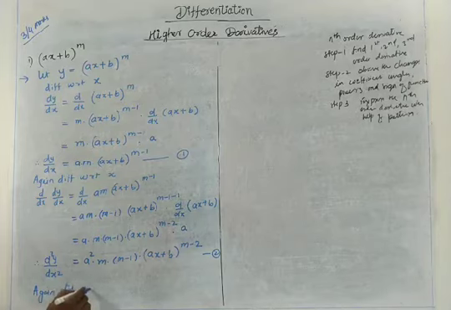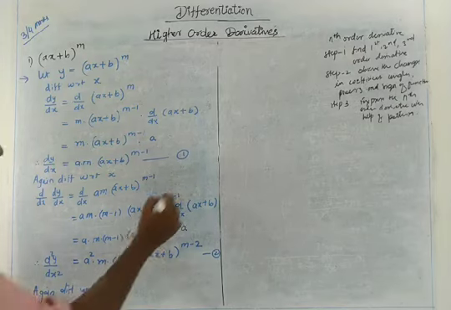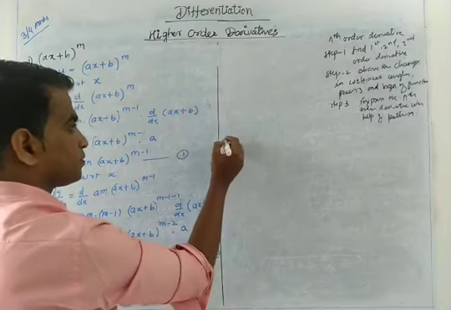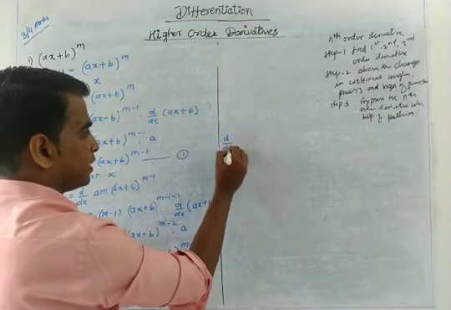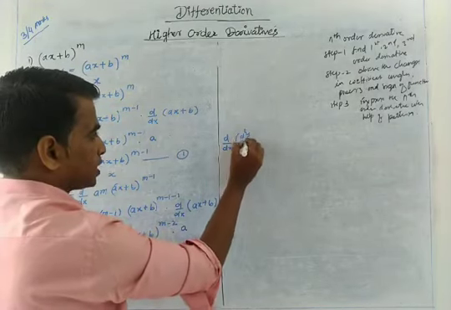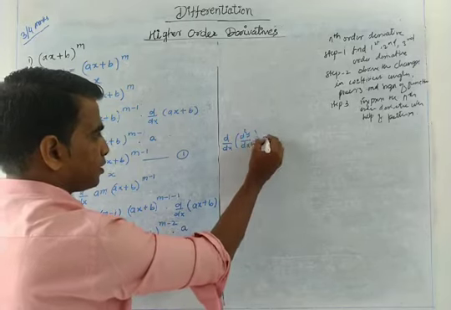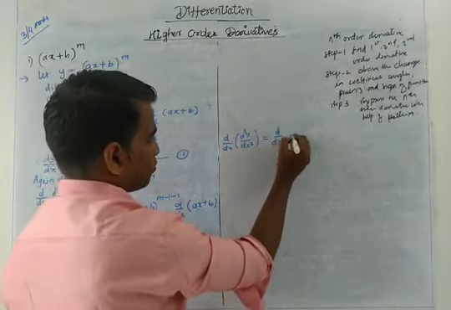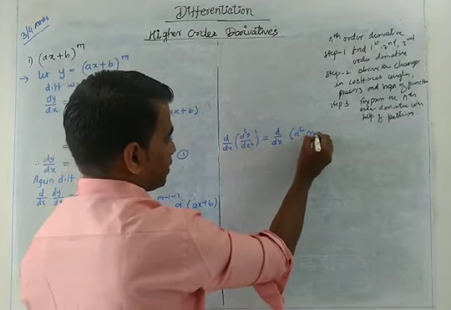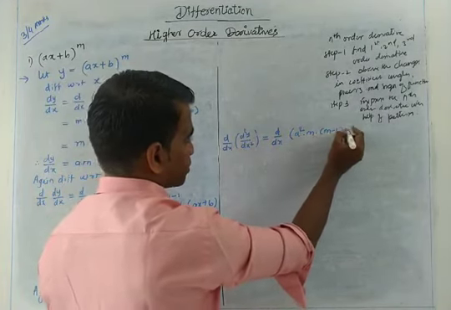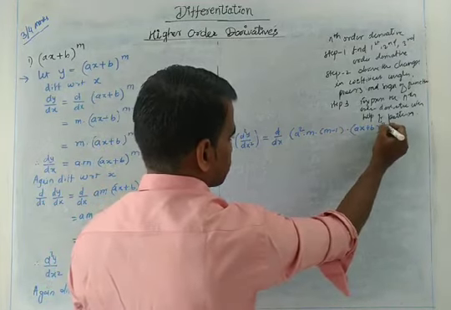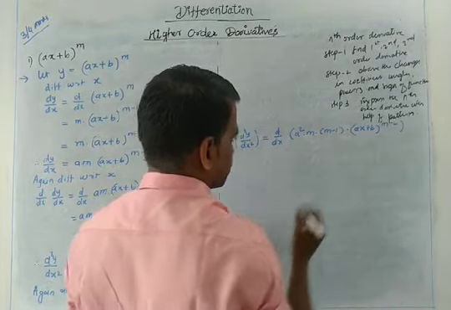Differentiate with respect to x, we will get d/dx of d square y upon dx square is equal to d/dx of a square m into m minus 1 into (ax + b) raised to m minus 2.